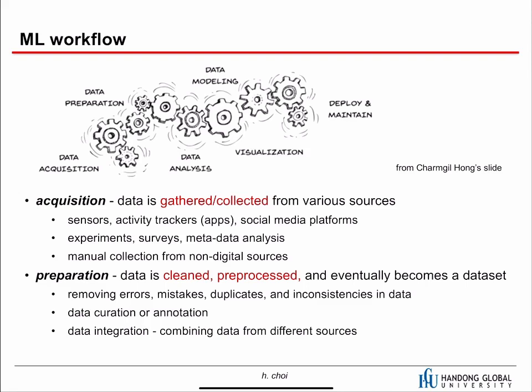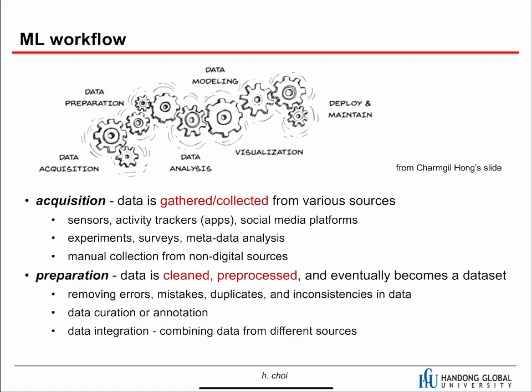The next step is preparation, where data is cleansed and pre-processed, and eventually becomes a data set. It includes lots of things like removing errors, mistakes, duplicates, and inconsistencies in data. We also have to annotate data samples, and combine data samples from different sources.